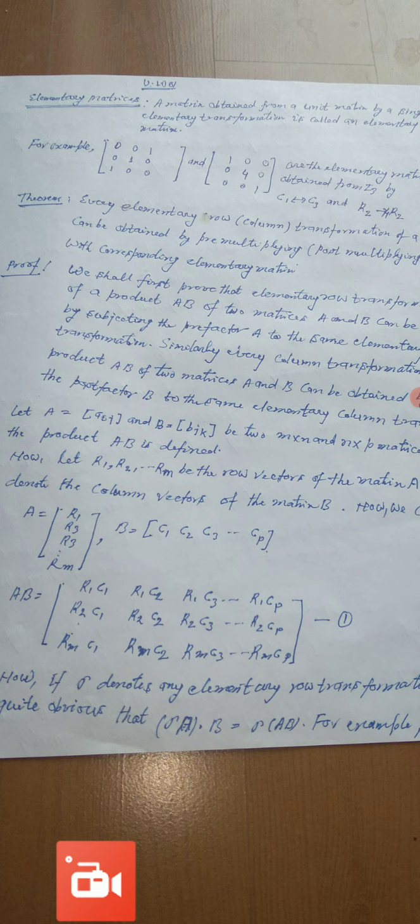For example, if you have a unit matrix of order 3 cross 3, then here we have one elementary matrix, that is in first column 0 0 1, in second column 0 1 0, and in third column 1 0 0.